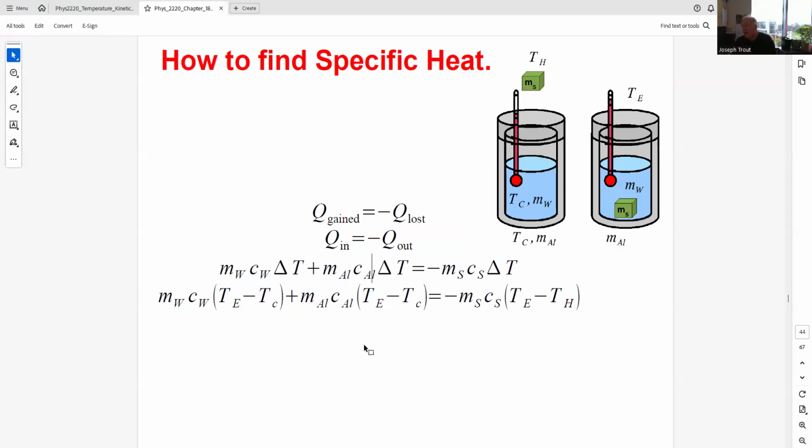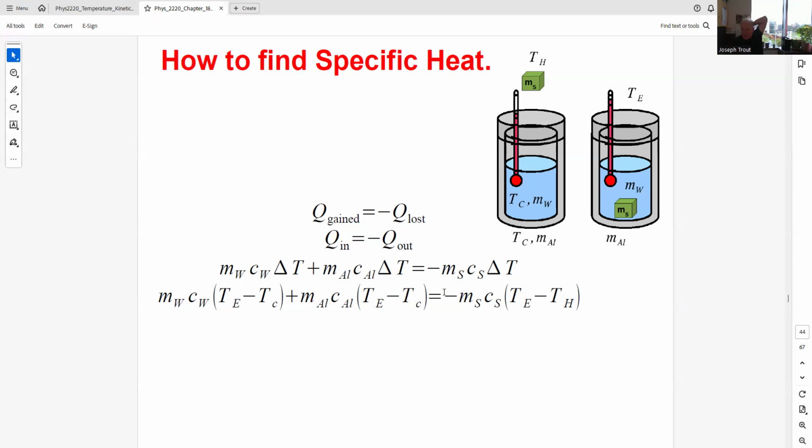Okay. And we have the mass of the water and the mass of the aluminum, and the change of temperature of these two are the same. So initially, they're both at the same temperature, the water and the aluminum. And finally, when they reach equilibrium, they'll also both be at the same temperature.